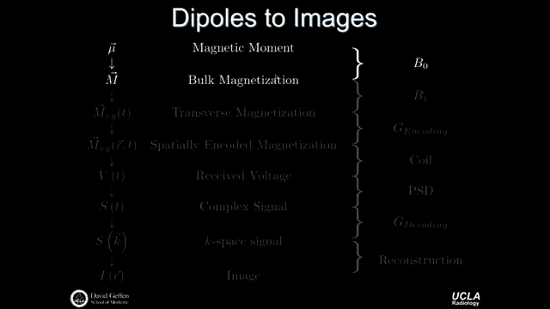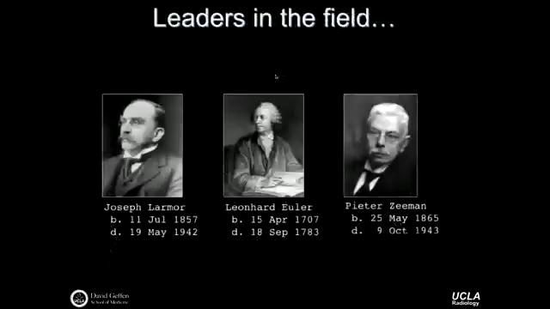We don't observe the individual magnetic dipoles of the hydrogen itself, but we observe billions and billions, Avogadro's number, of these things in the imaging volumes and the things that we look at. Lots of guys helped contribute to this. We'll learn something about Joseph Larmor today, the so-called Larmor equation, which is fundamental to understanding MR. We will perhaps get to Leonard Euler and Euler's equation.